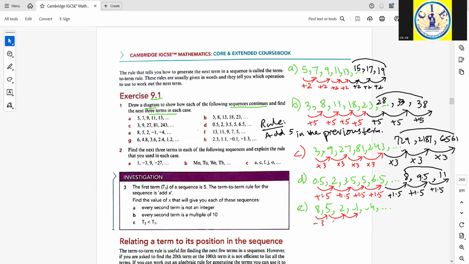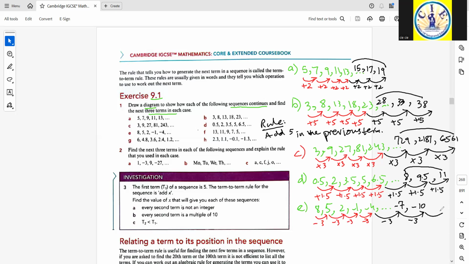It means we are subtracting 3 from each term. So the next three terms obviously would follow the same pattern. Subtracting 3 from -4, we'll get -7. Then doing it once again, it is going to be -10.